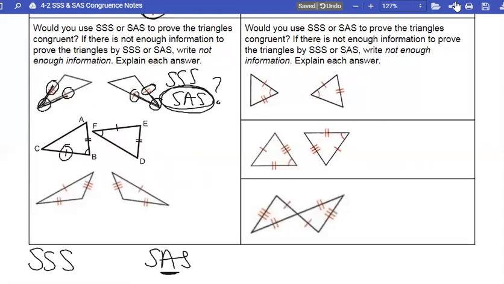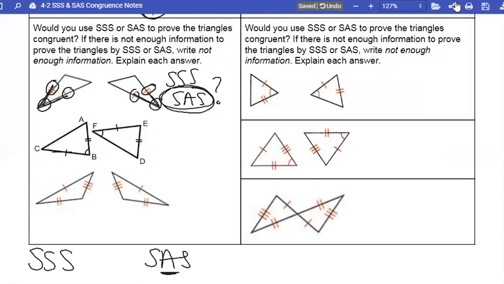We have one side that has 1 tick mark. We have one angle that has 1 arc. We have another side that has 1 or 2 tick marks. What would this be? So a lot of you may be saying, oh, it's side, angle, side because we have 2 sides and an angle. But look at this second triangle here.